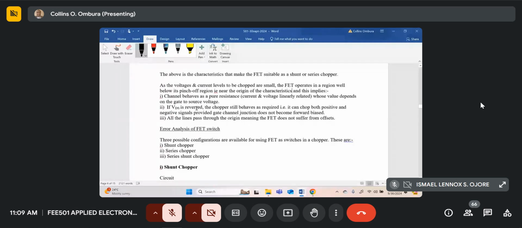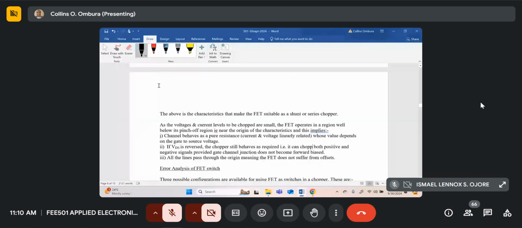Number two, if VDS is reversed, the chopper still behaves as required, i.e., it can chop both positive and negative signals, provided the gate channel junction does not become forward biased. And number 3, all lines pass through the origin, meaning the FET does not suffer from offsets.